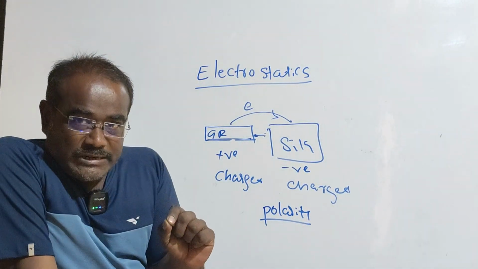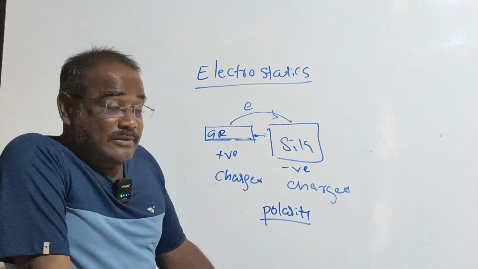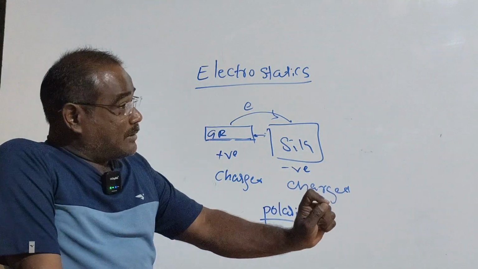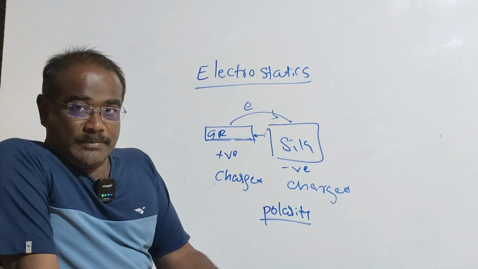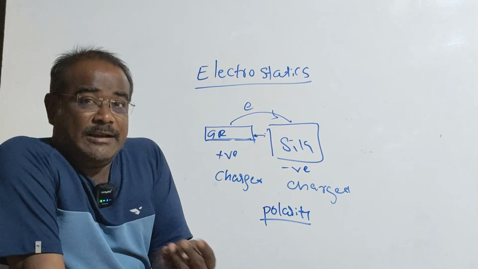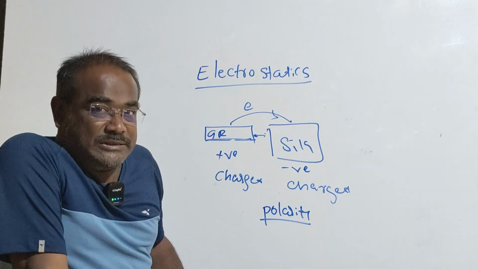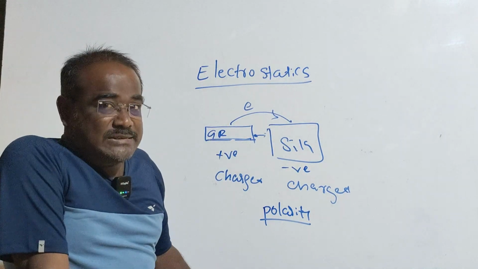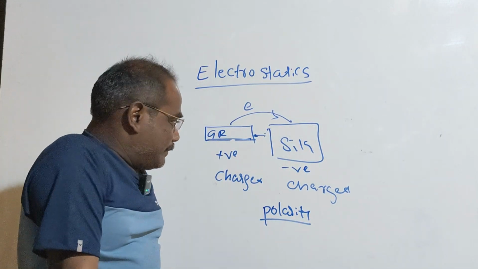One is positive charge and another one is negative charge. Polarity is the property of the material which differentiates between the two types of charges. This is called polarity.